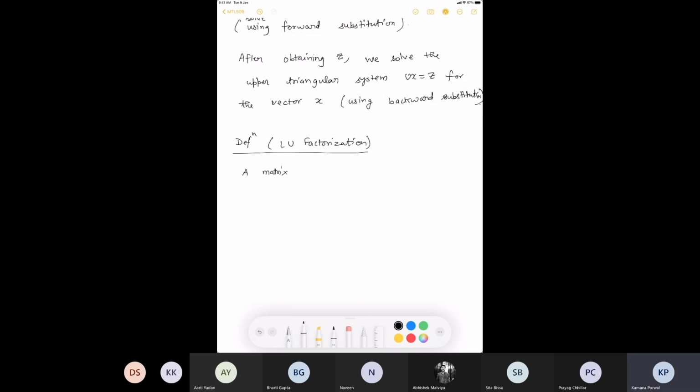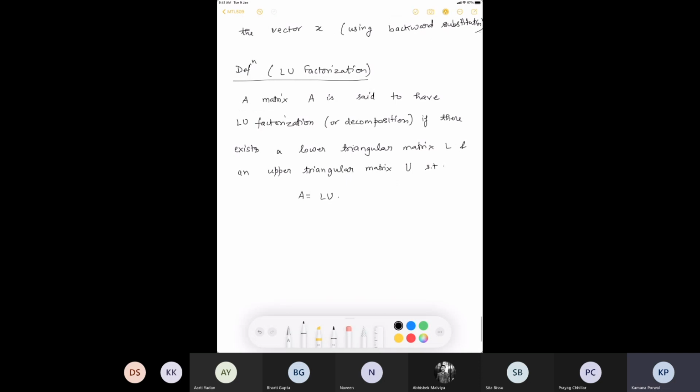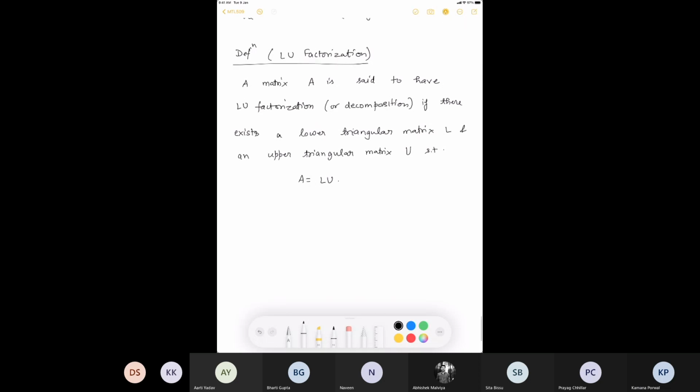A matrix A is said to have LU factorization, or it is also referred to as LU decomposition, if there exists a lower triangular matrix L and an upper triangular matrix U such that A can be written as the product of L and U. Okay.